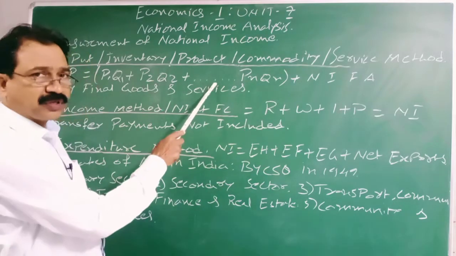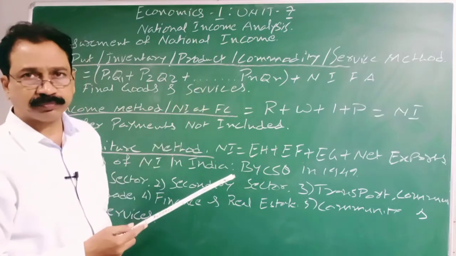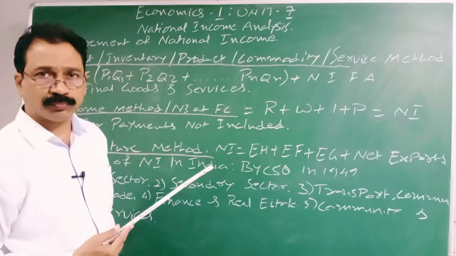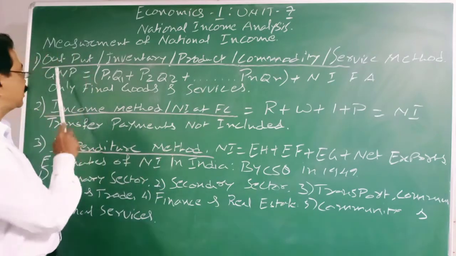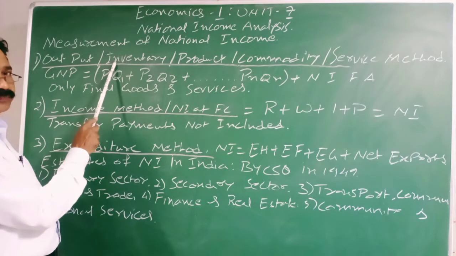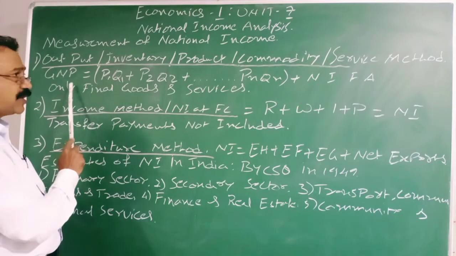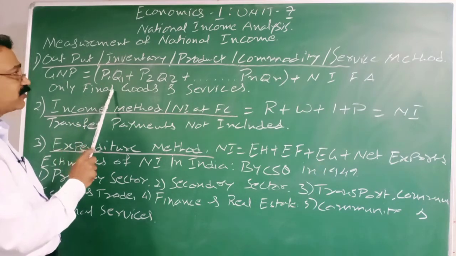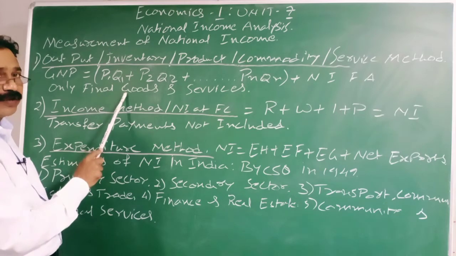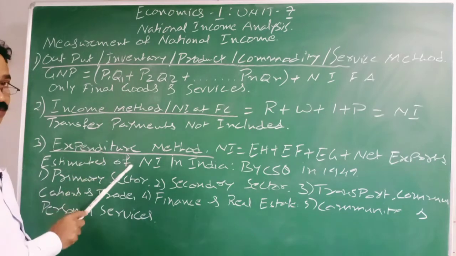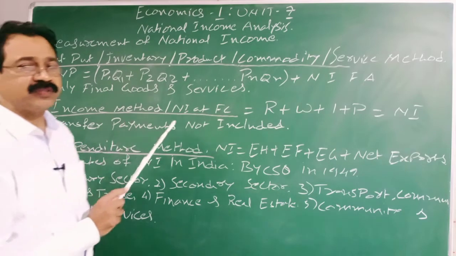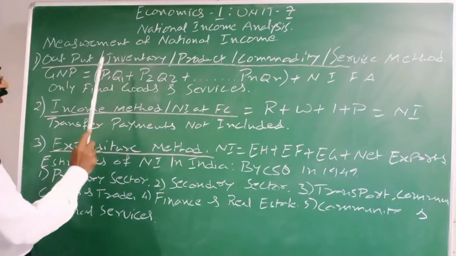Whatever we are producing, they will be exported also. Some commodities come inside also. Everything will be calculated in this output method. Okay, this is the first method of calculating national income. There are total 3 methods of calculating national income. The first method is output method.